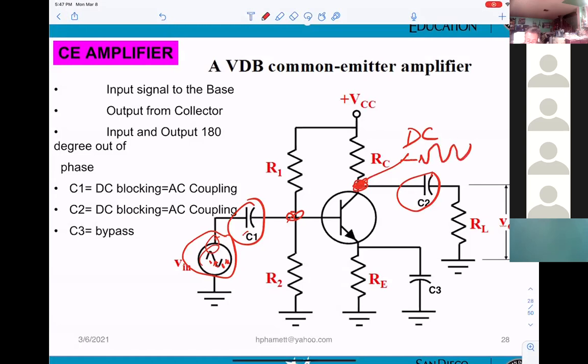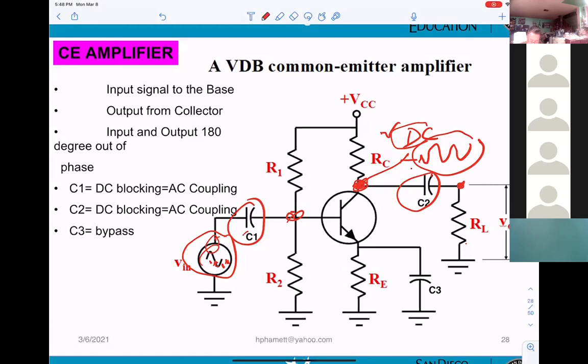When you go into the output here, that means you connect to the load. That will be a speaker. Your voice you want to go to the speaker, you don't want DC here. So that's why C2 will block this DC but allow the signal to go.